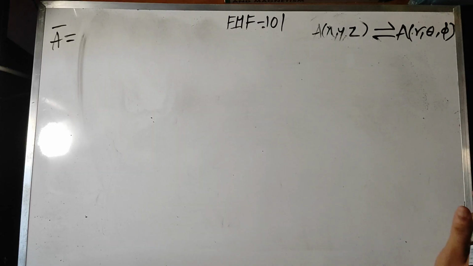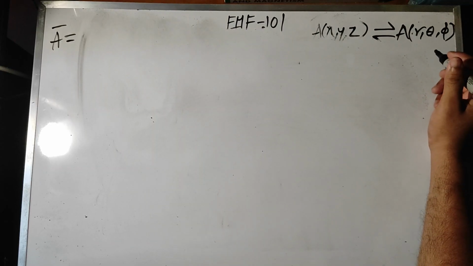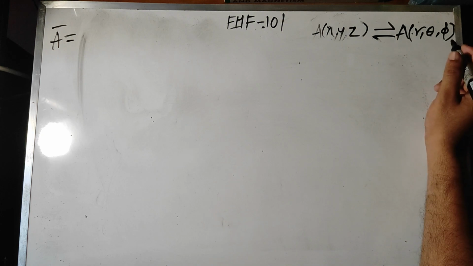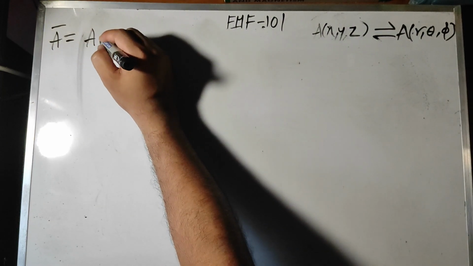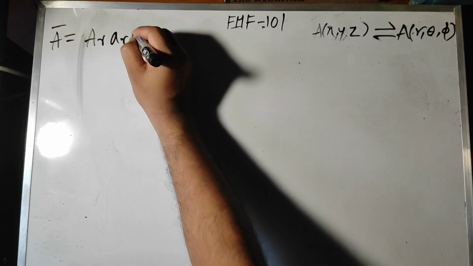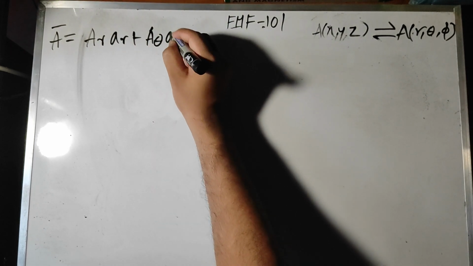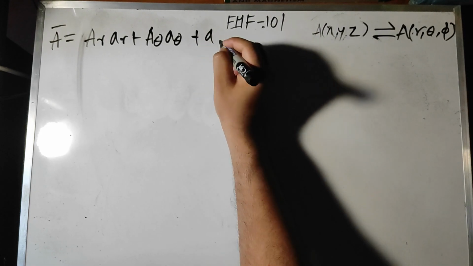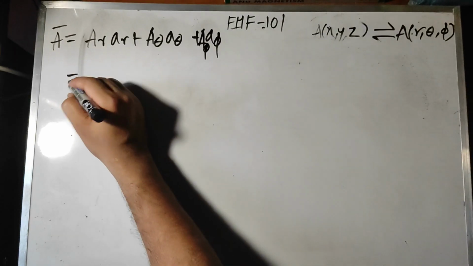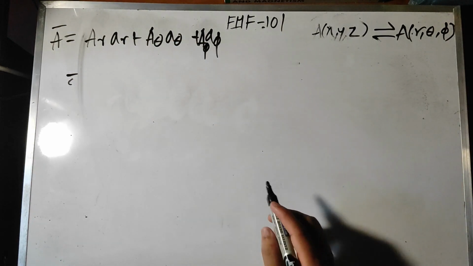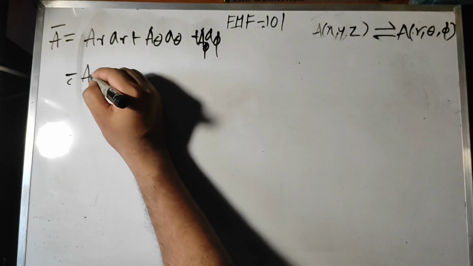So for the vice versa transformation, a vector in spherical system to Cartesian system, let us first express that vector Ar ar plus A theta a theta plus A phi a phi. Now just put the value of the unit vectors.